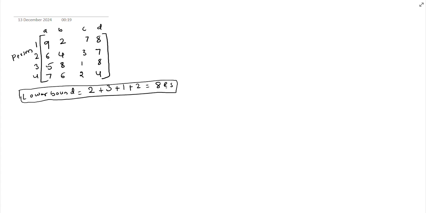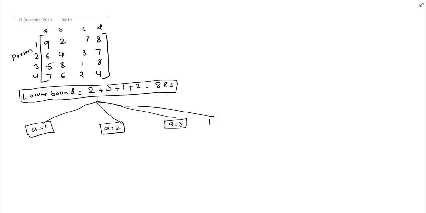Now we need to identify the jobs we are assigning. After this, we assign a job to each and every person by using branches. So first, when a is equal to 1, second I will take a branch when a is equal to 2, third when a is equal to 3, and when a is equal to 4.